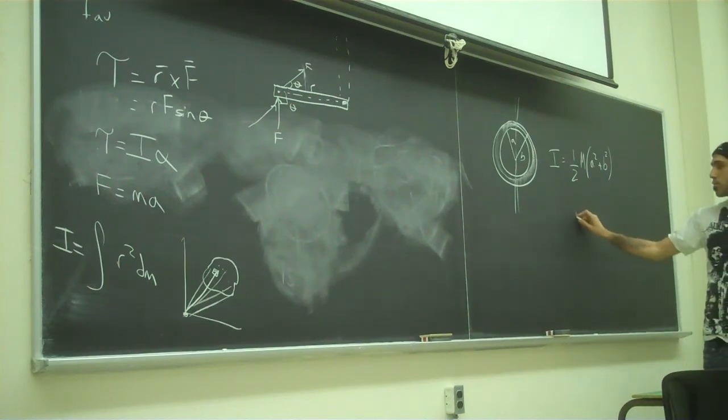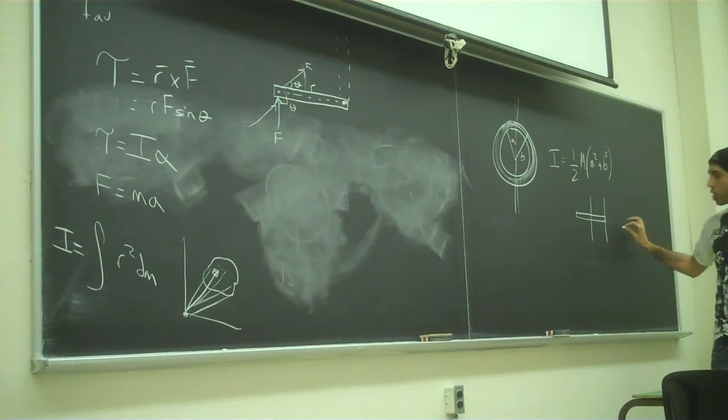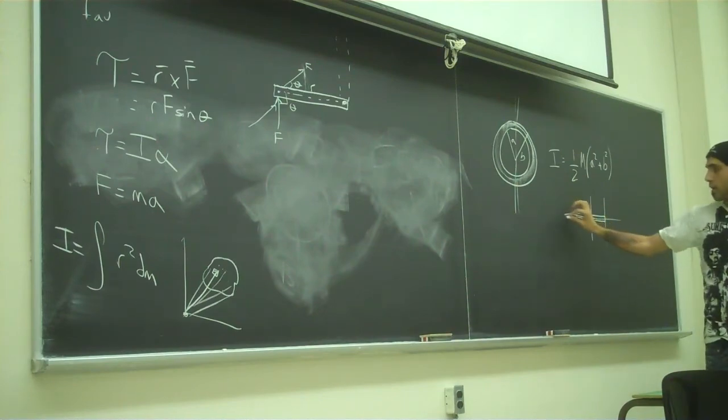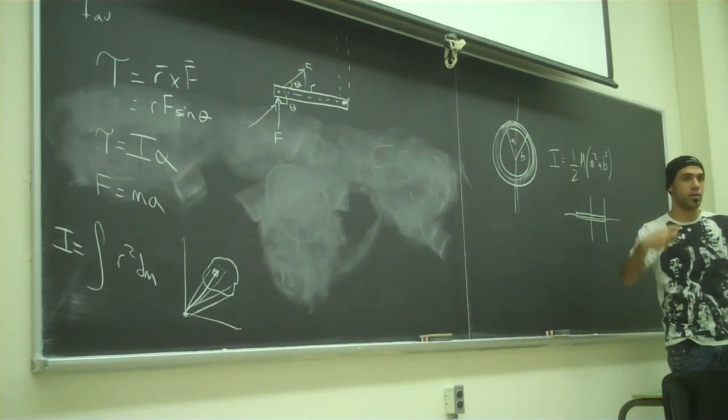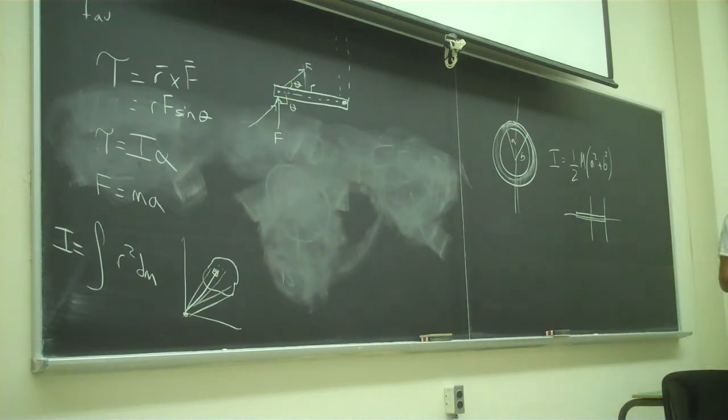If you have, for example, a rod, you can rotate it around its center, around an edge, or around an axis that passes through its center. What I'm trying to get at is that depending on the axis of rotation, you'll have a different moment of inertia even though it's the same object.